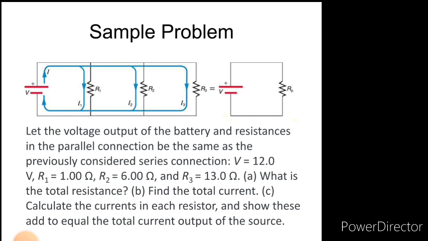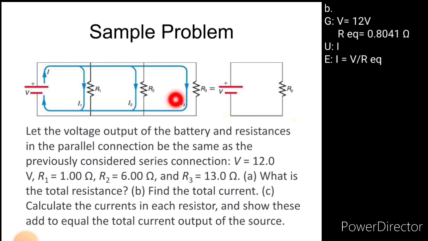Next, find the total current. I naman sa ating equation. Sabi natin kanina sa ating parallel connection, there will be same voltage sa tatlong yan, but yung ating current ay magkakaiba. So, how do we solve for I? We use the formula I is equal to V over R equivalent, or I is equal to V over R. So, yung ating V natin is given na sa ating problem, 12 volts.